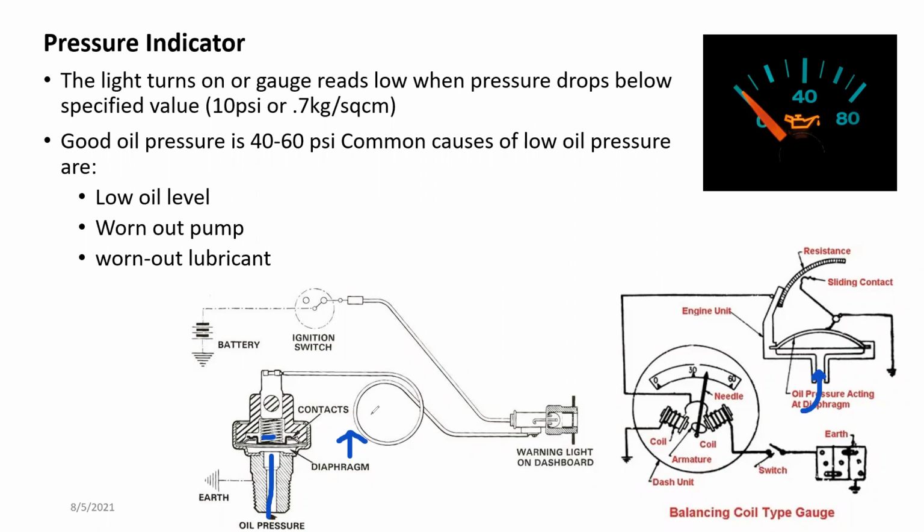So when the pressure is there, there's no connection between these two contacts and the ground points. There's no contact between this spring and the ground points, so no light is switched on.